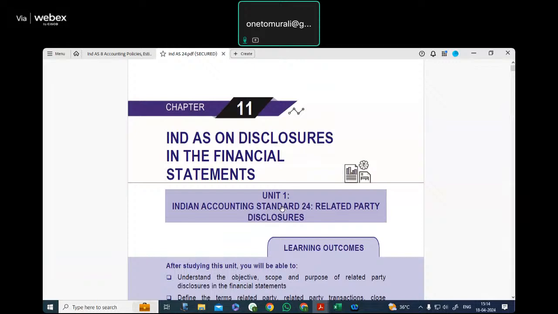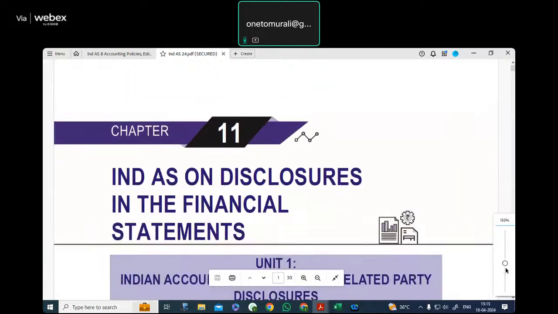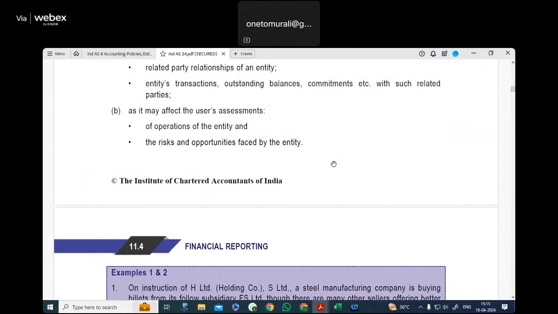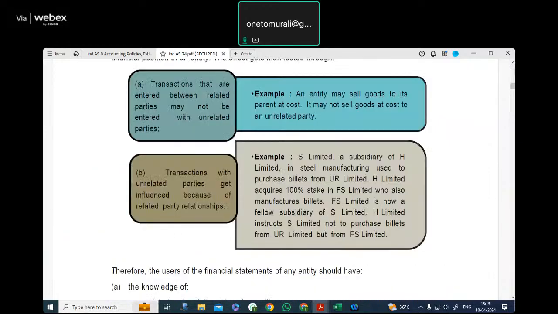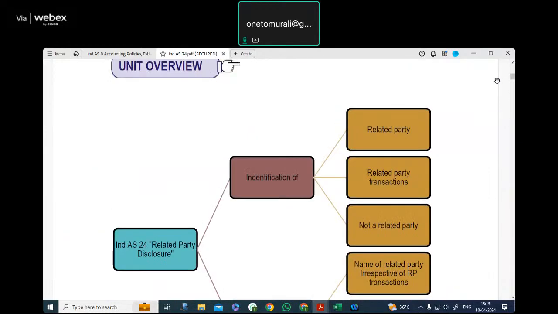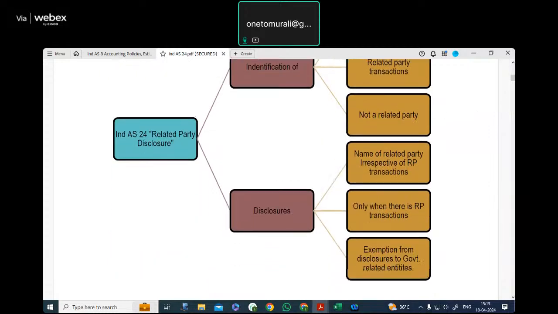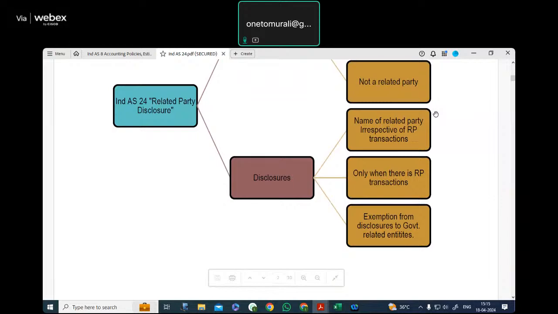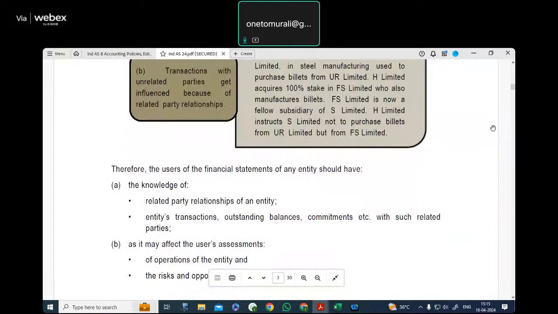Okay, so now let us try. From the very first page onwards, let me show you: related party transaction, not a related party, name of the related party, only when there is a transaction, only when there is a related party transaction. So those issues are taken up.